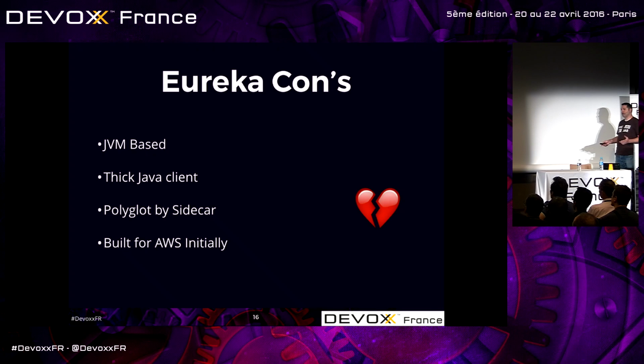Initially, it was built for AWS, so there are some things that are specific to AWS, like regions and zones, and so sometimes it's hard to understand exactly what's going on when you're not running in AWS, for example.